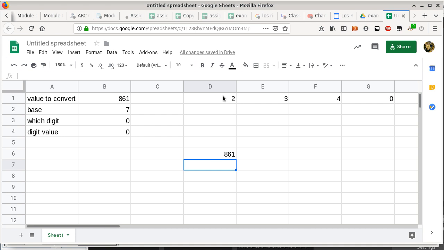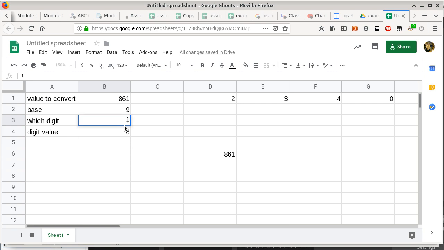Now, of course, we are not going to use base 7 too often in this class. I use it just because it is a very strange base to use, but it doesn't matter. If you want to use base 9, change this to 9. Then you just say which digit we are talking about.